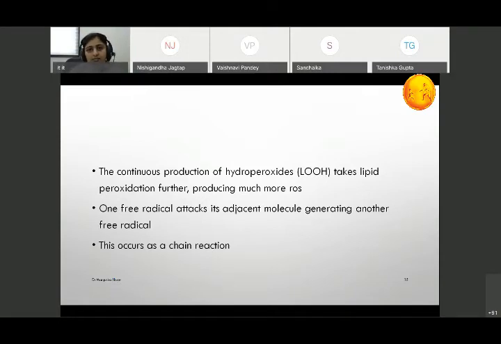If it gains one electron from another adjacent molecule, that molecule will be deficient of one electron and becomes unpaired in its outer orbit. So that molecule becomes another free radical. This way, the attack of one free radical on a molecule will generate another free radical. So this occurs as a chain reaction.